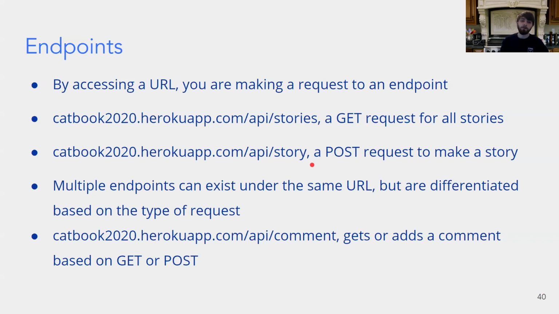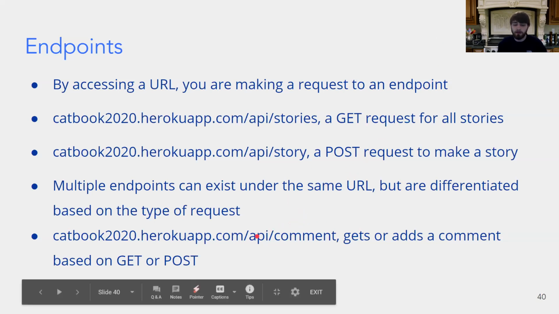But some endpoints can take multiple types of requests, and they do different things based on what type of request they receive. So we'll have an endpoint /API/comment that either gets a specific comment if you send it a GET request, or it will create a comment for a specific story if you send it a POST request.